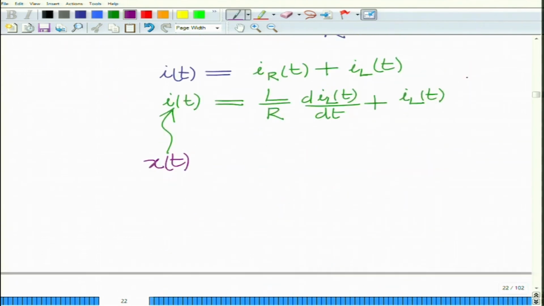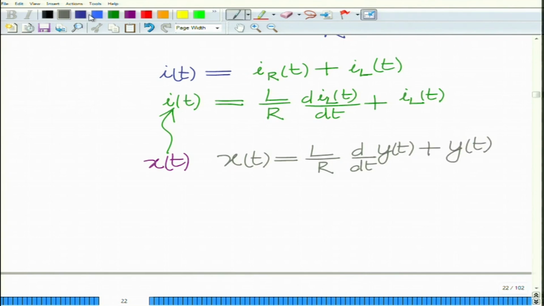And now therefore we have, writing this in terms of x(t), y(t), x(t) equals L by R d over dt y(t) plus y(t). Now with taking the Laplace transform, we have X(s) equals L over R, remember, Laplace transform of d over dt y(t) is sY(s).